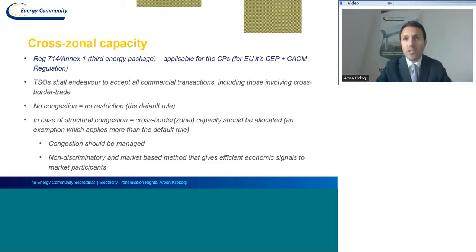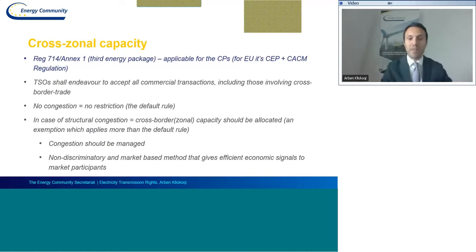But in case there is structural congestion, the TSOs are obliged to allocate capacity for that specific border or for all borders where the congestion appears. So as you can see, the default rule is that they should allow everything, but the exception is that if there is congestion, the TSOs should allocate this capacity based on a market-based method.